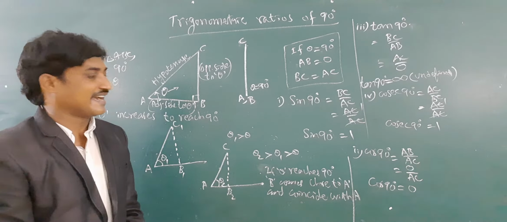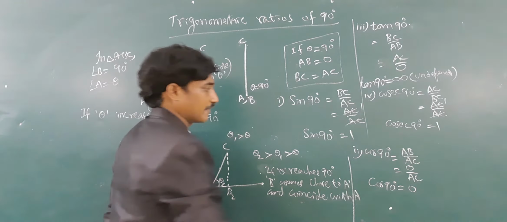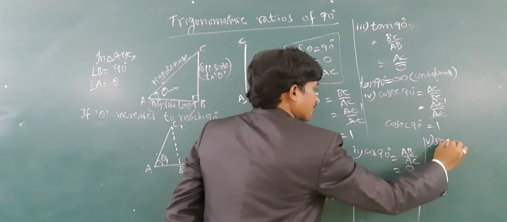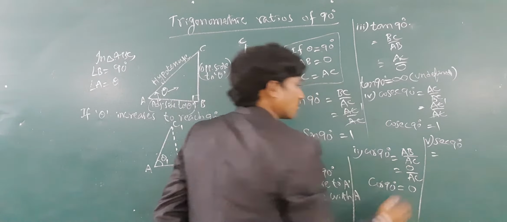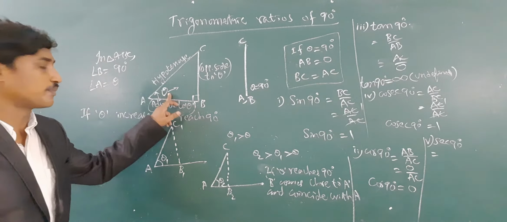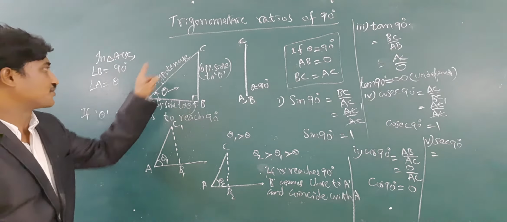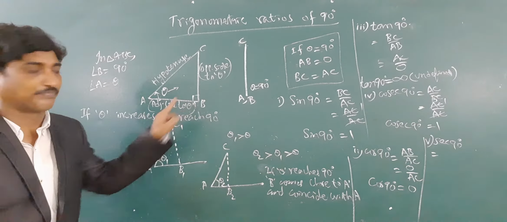Next, secant 90 degree. We know secant theta is equal to hypotenuse by adjacent side to theta, that is AC by AB.